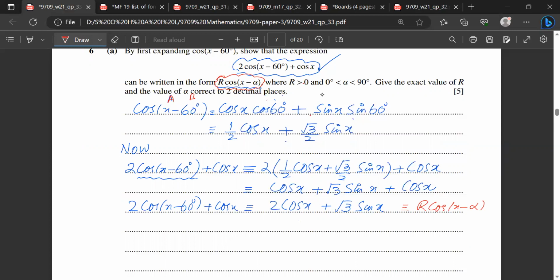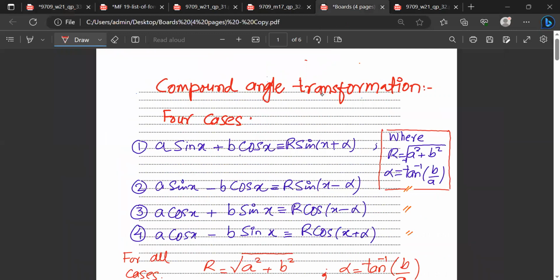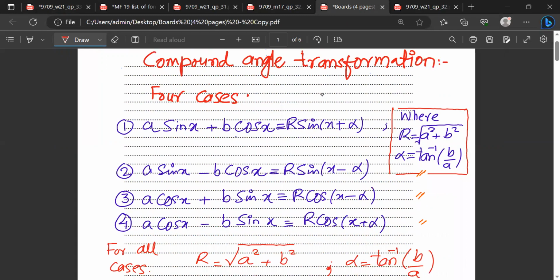Just keep in mind these 4 cases, the compound angle transformations. There are only 4 cases. The first is a sine x plus b cos x, which is r sine(x plus alpha).